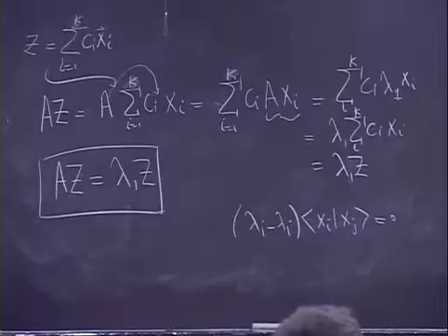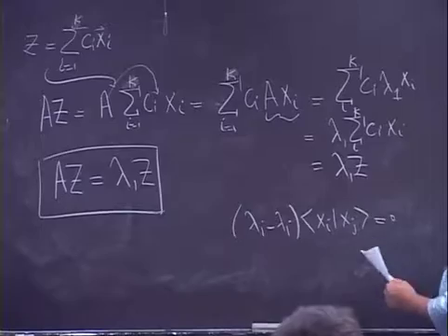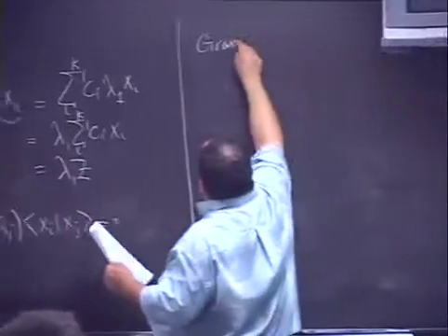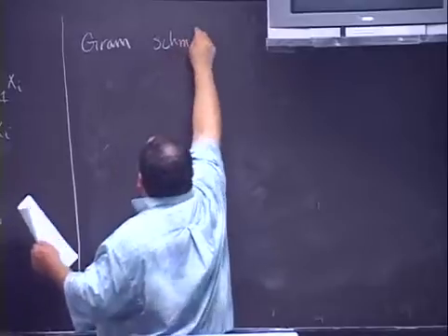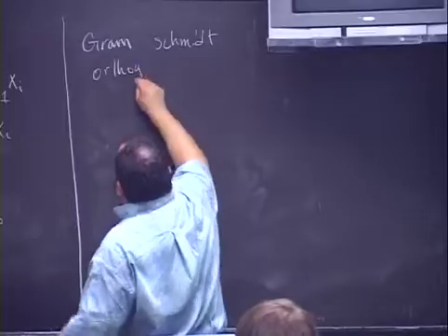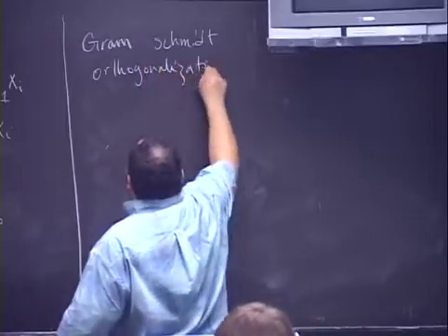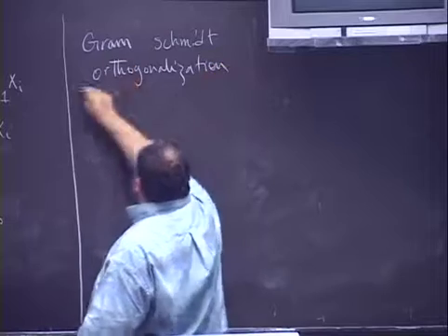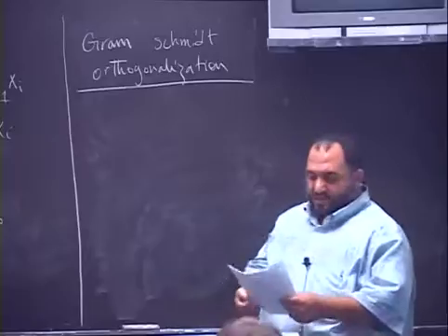or a method written by Gram and Schmidt, Gram-Schmidt orthogonalization. So how to orthogonalize vectors that are not mutually orthogonal.